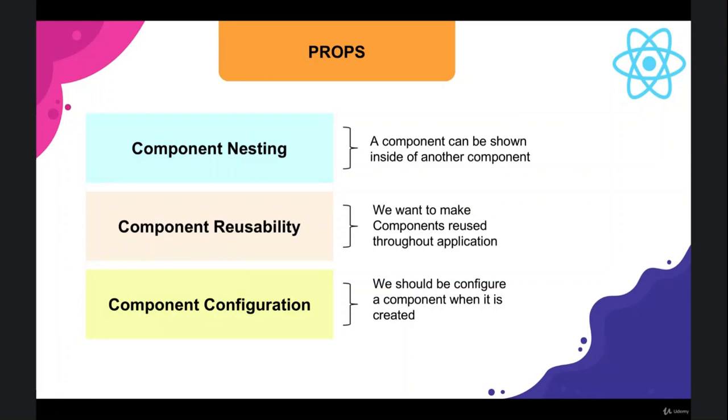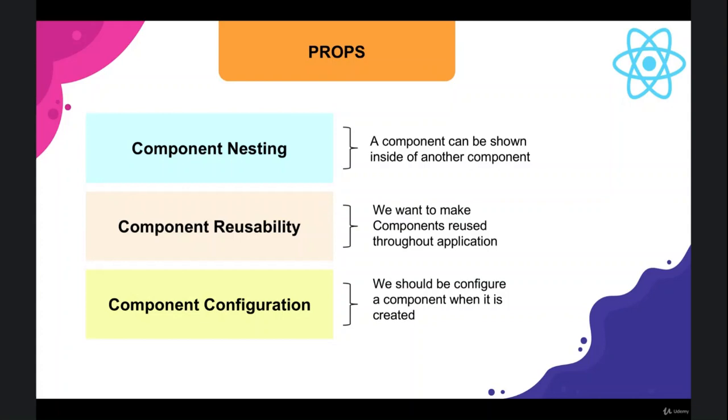And then finally, very tightly coupled with reusability, component configuration. So I just gave you the example of a button, right? Now, most buttons will look very similar, but there are tiny little pieces about every single button that need to be customized in some very specific way.